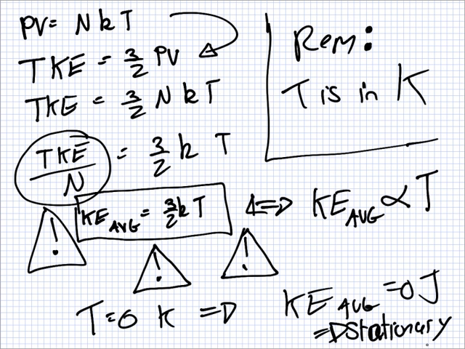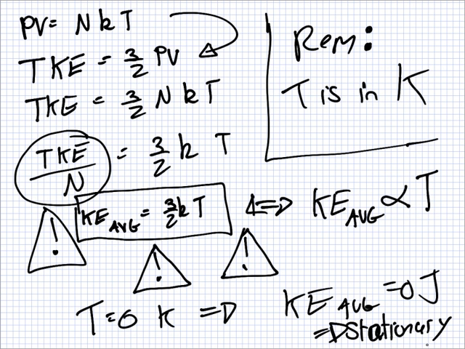It's not really possible to actually get exactly 0 Kelvin. Imagine trying to make every particle stop moving. It's not really something that you can actually achieve.